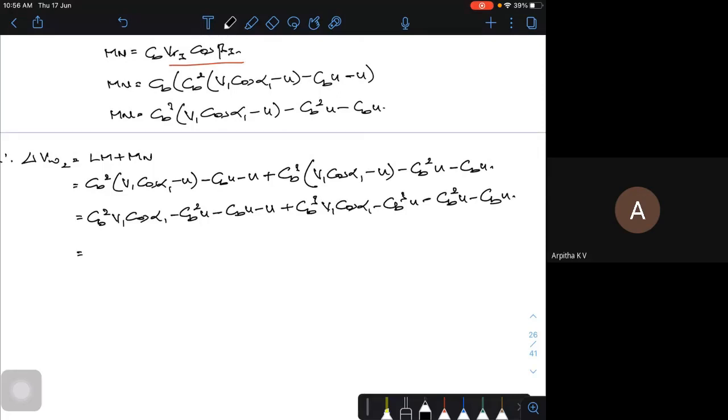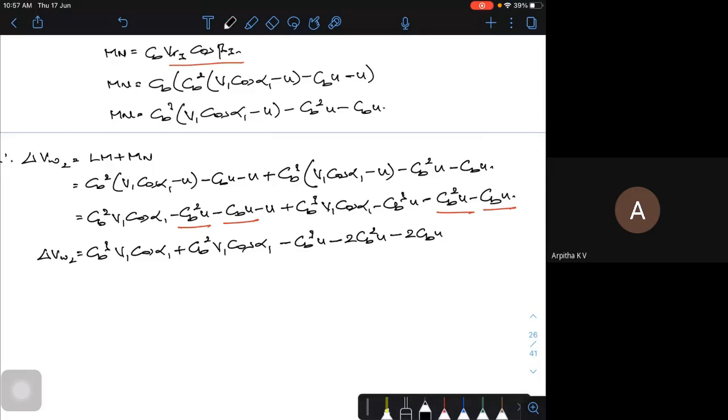Let me write it as delta VW2 is equal to Cb cube V1 cos alpha 1 plus Cb square into V1 cos alpha 1, I'm just rearranging it, minus Cb cube into U, minus 2 Cb square into U, minus 2 Cb into U, minus U, since I have only one U. So this will be your expression for your delta VW2.